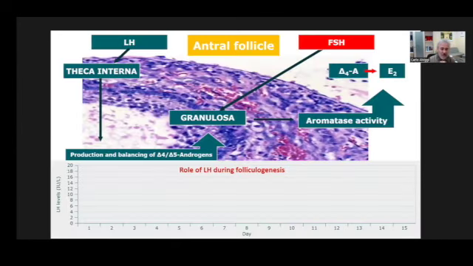And I will focus the attention on the classical model of the two cells, two gonadotrophins theory. So we are in this moment inside a class 5 follicle, meaning a follicle between 2 and 9 millimeters at the beginning of a new menstrual cycle. We can say, for instance, on day 2, 3 of menstruation.